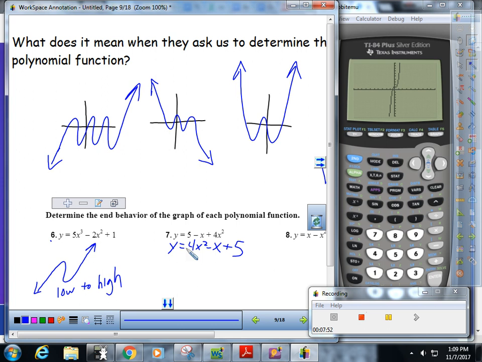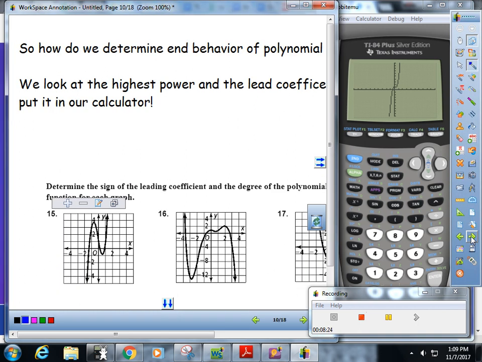It's even. So without even graphing this one, you should know from the last chapter that it's going to look like that. And so we consider that high to high. Okay? All right, let's move on to the next page.